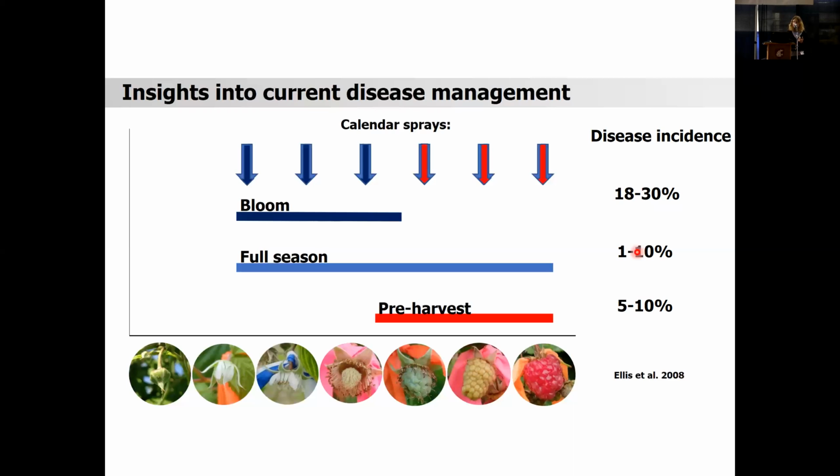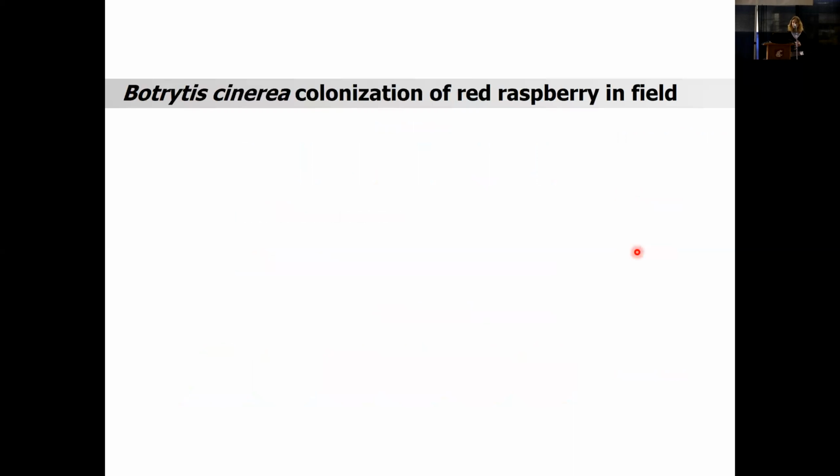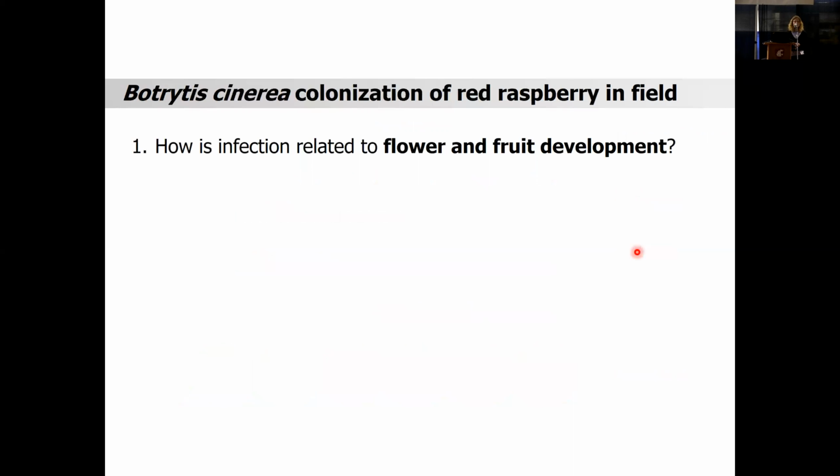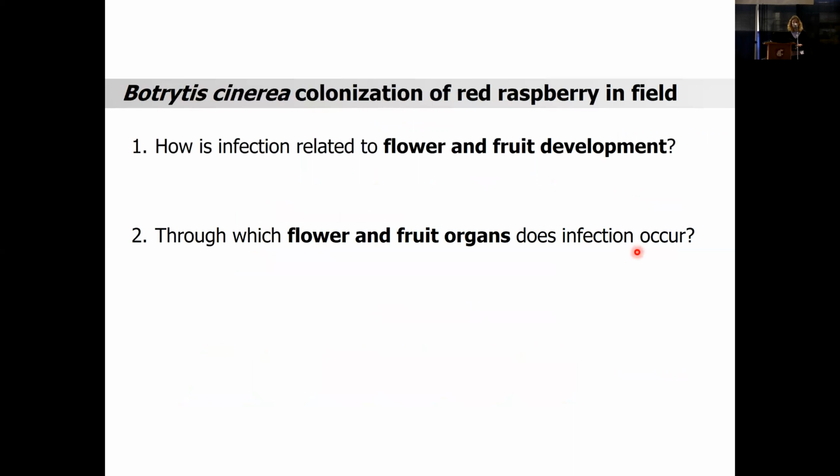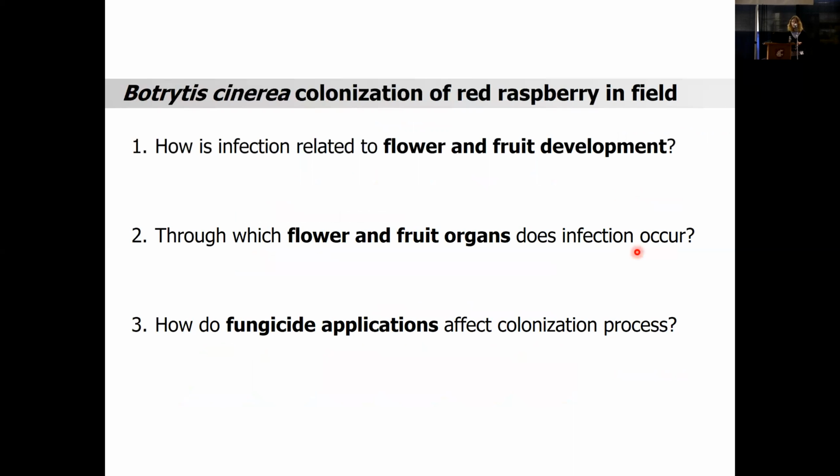And that's why we decided to design our project of botrytis colonization of red raspberry in field conditions here in northwestern Washington. The main questions of this project were: how is infection related to flower and fruit development? Through which flower and fruit organs does infection occur? And how do fungicide applications affect the colonization process of red raspberry?